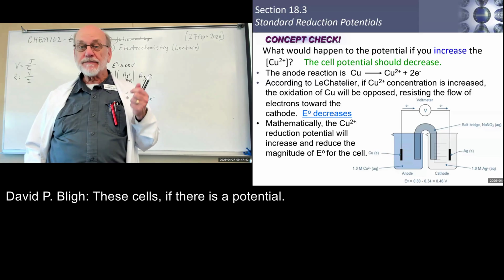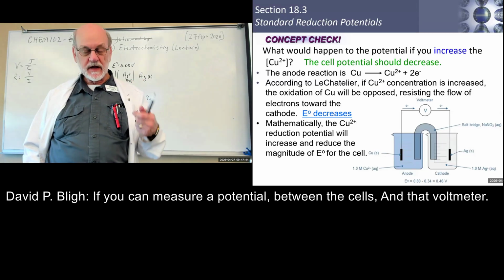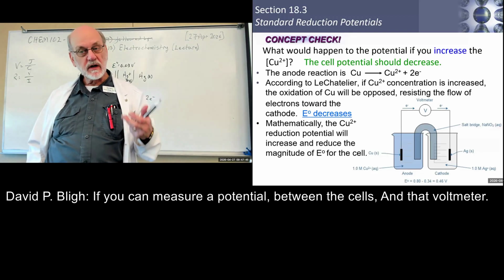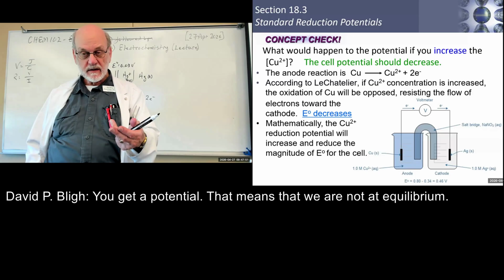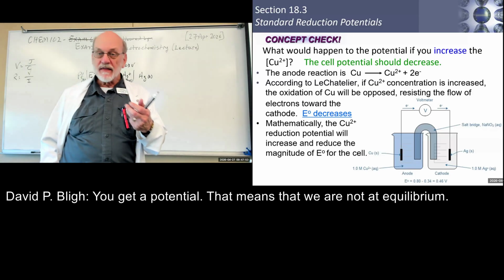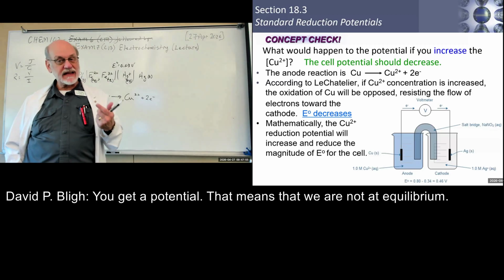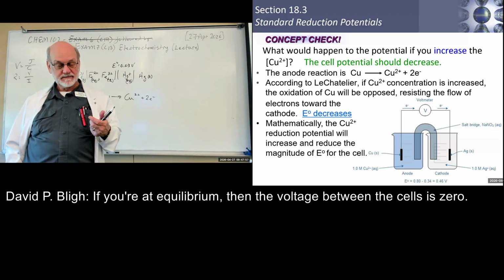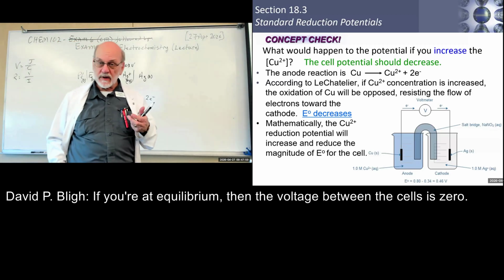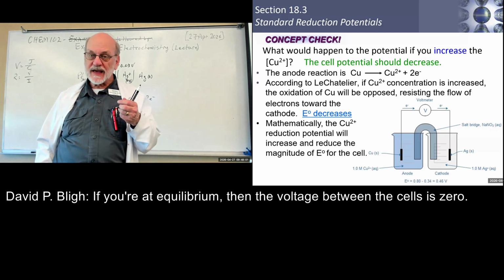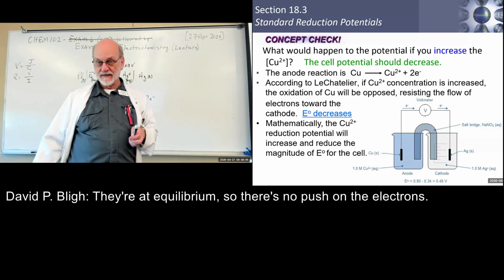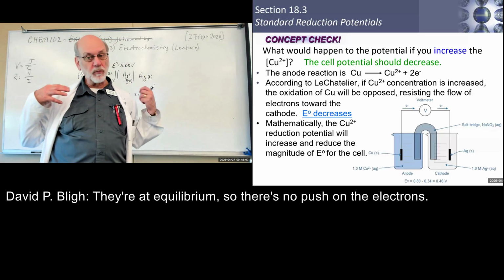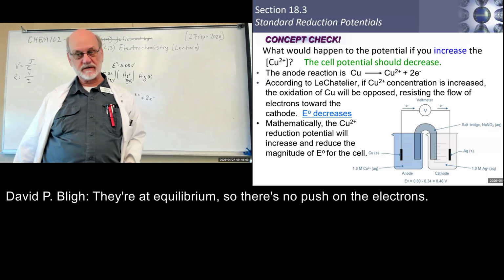These cells, if you can measure a potential between the cells in that voltmeter, that means that we are not at equilibrium. If you're at equilibrium, then the voltage between the cells is 0, right? They're at equilibrium, so there's no push on the electrons.